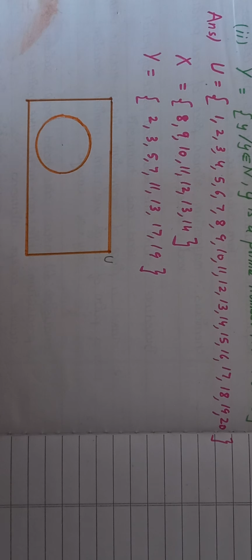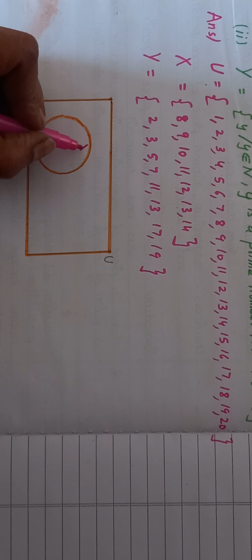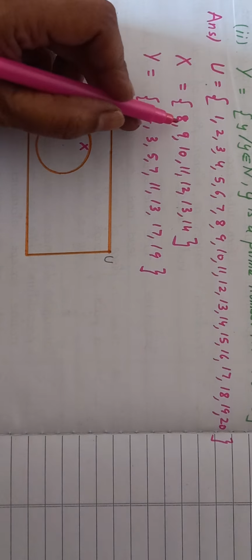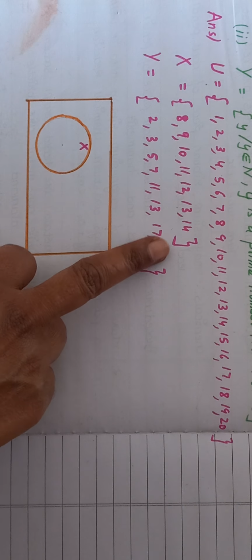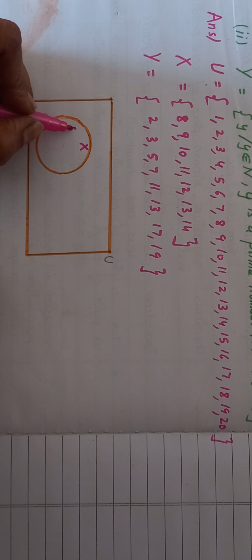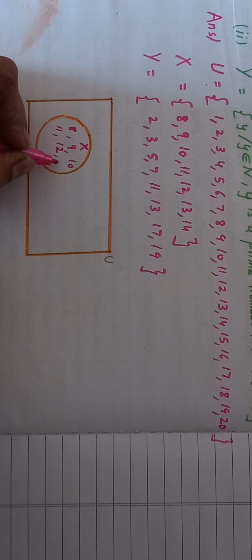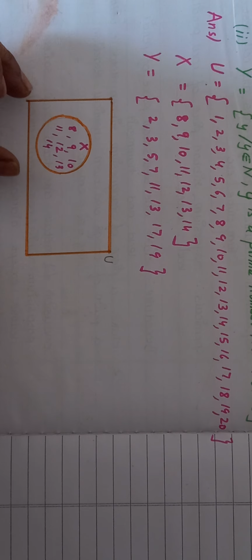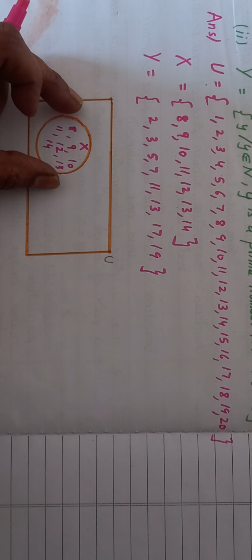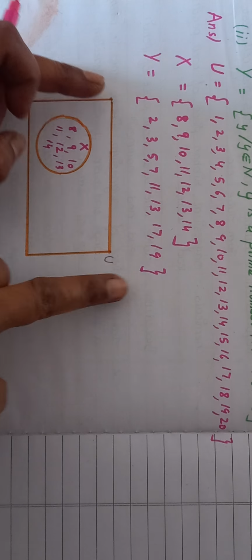So this is the universal set, and we will name this set X, and 8, 9, 10, 11, all of this we have to write in it. So 8, 9, 10, 11, 12, 13, 14. Now you have understood that this is a subset, a part of the universal set.